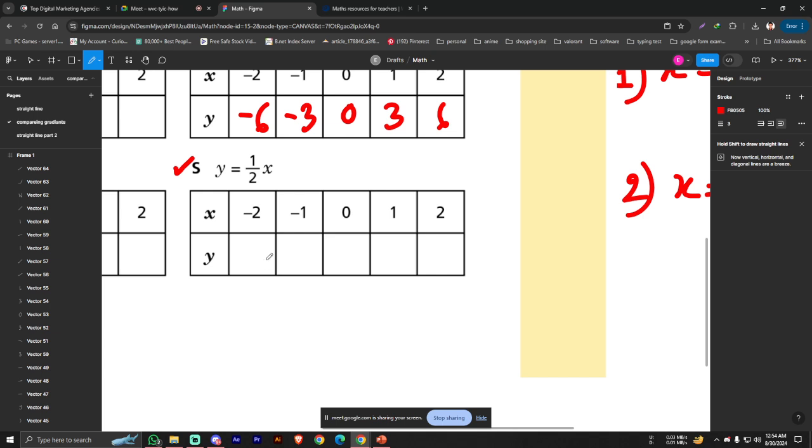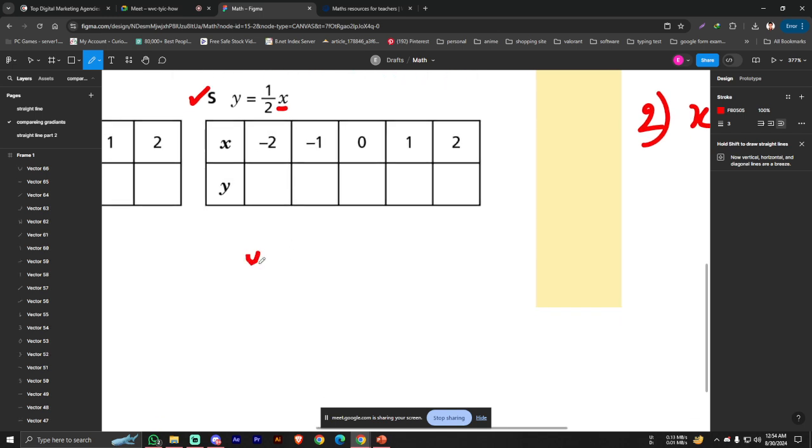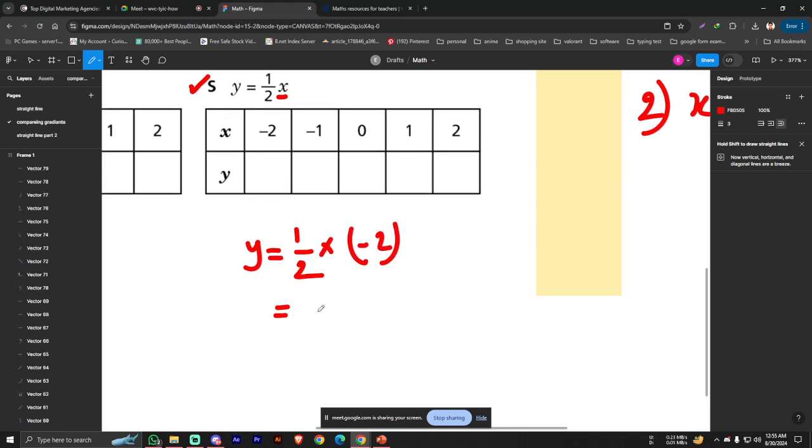If you put the value -2 here, then what is the value of y? Suppose I'm doing just one for understanding. If you put -2 here at the x, we replace it with -2, because the x value is -2 here. So now we find the y for -2. So it will be something like -1, right?